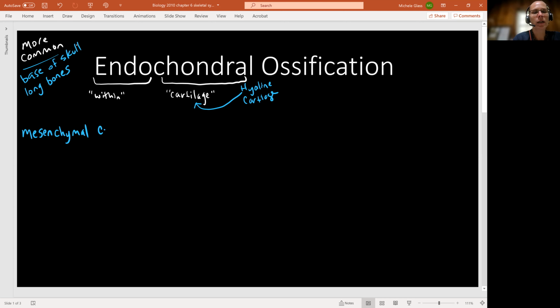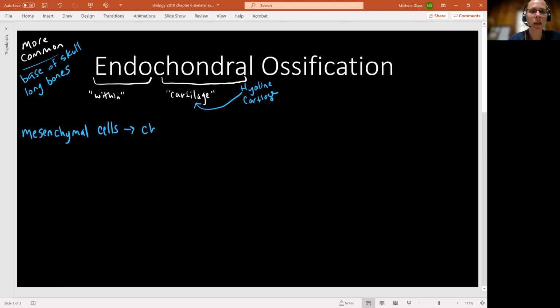In both intramembranous and endochondral ossification, we're talking about development starting in the fetus, right? Those mesenchymal cells are those undifferentiated cells of the fetus. They haven't formed anything yet.